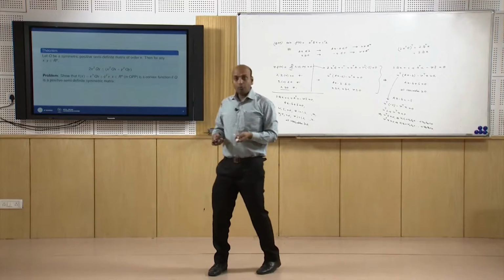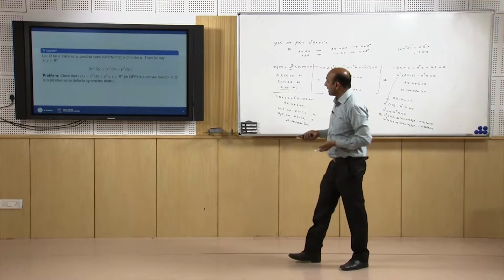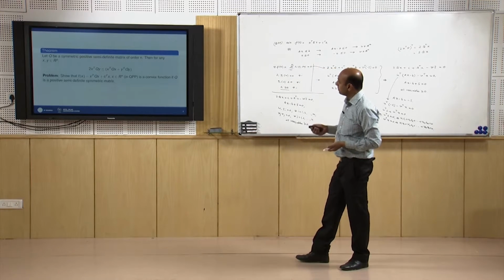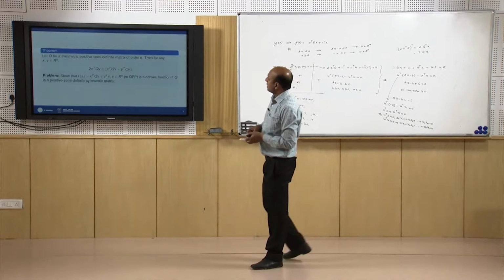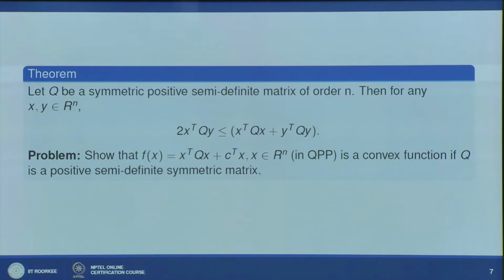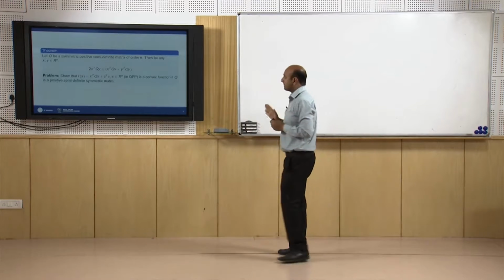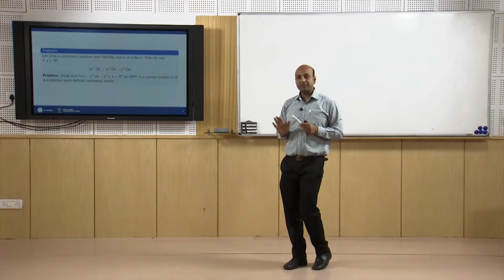So, now for checking that Q, we first have a theorem: let Q be a symmetric positive semi-definite matrix of order n, then for any x, y belonging to Rn, this result always holds. Let us try to prove this result first. Here Q is a symmetric positive semi-definite matrix.